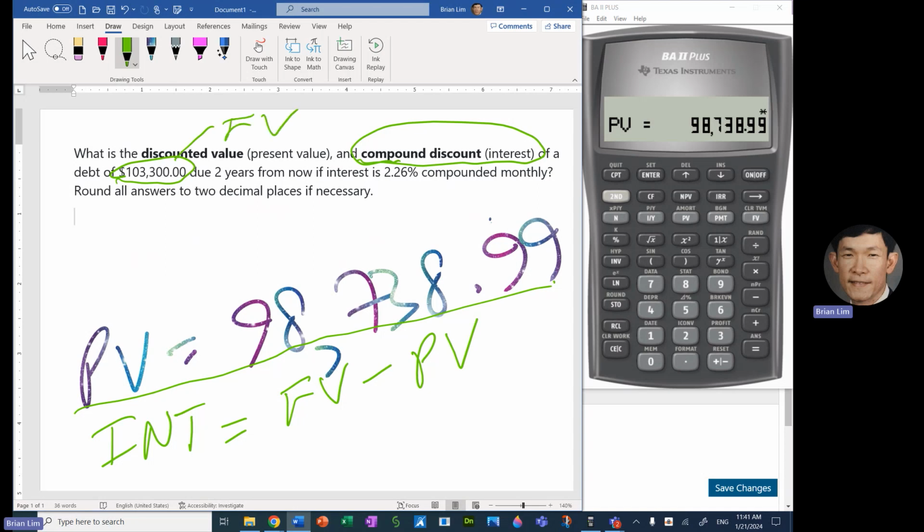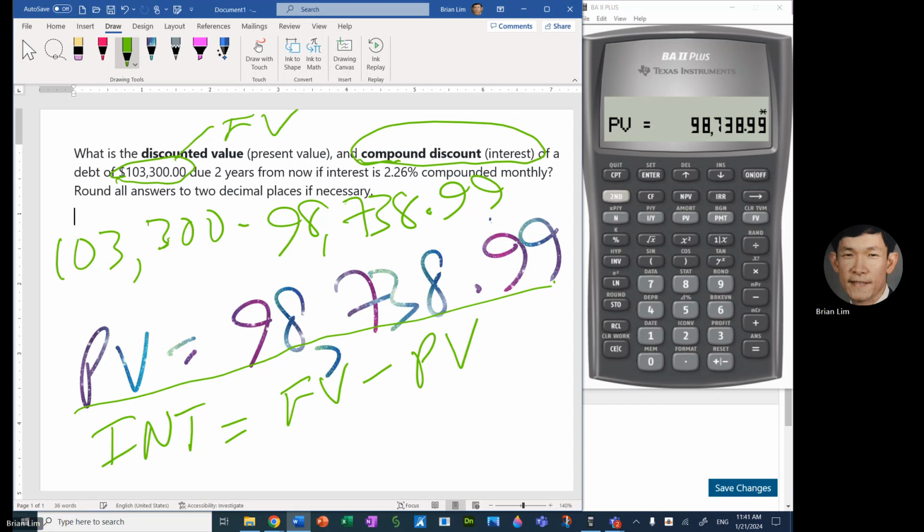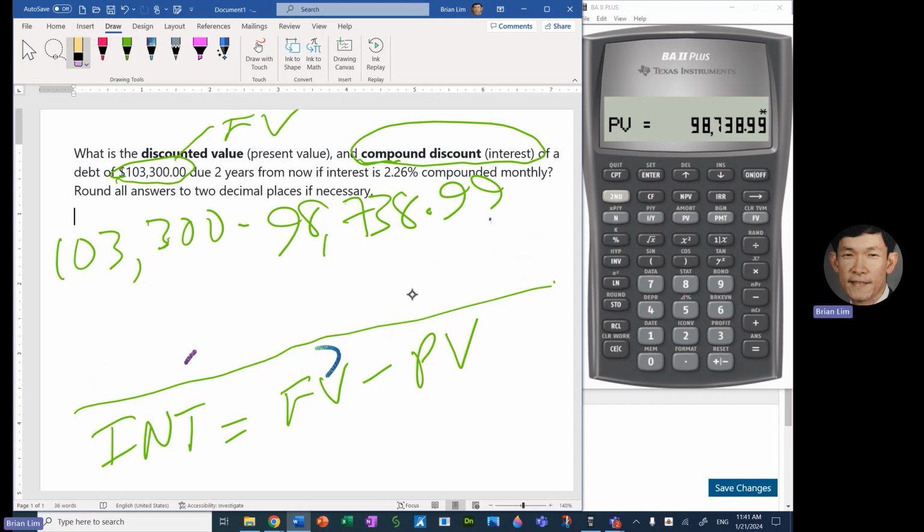We subtract those two numbers. So we'll take 103,300 and subtract 98,738.99. Okay, so with that we can remove this right here, and then we will get the result, whatever that result turns out to be.